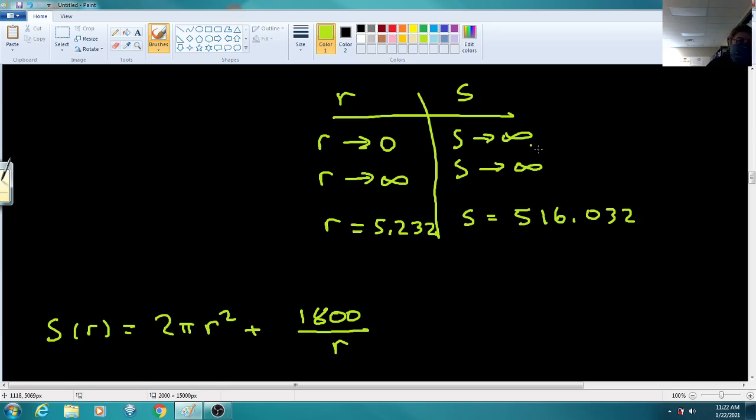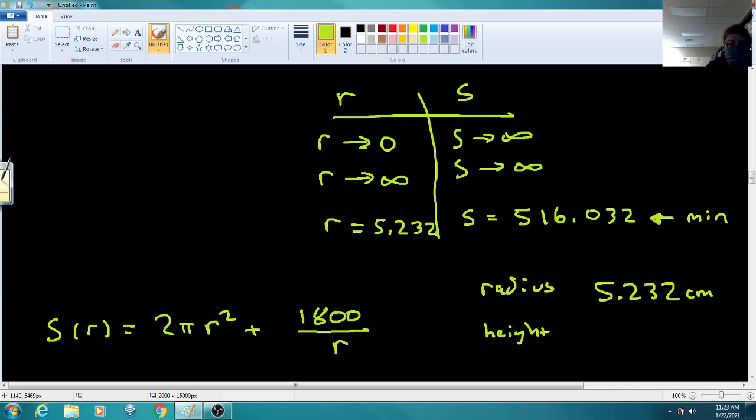Compare that to something running off towards infinite surface area, and this one right here is going to minimize the amount of surface area, which means it would have us use the least amount of metal. It asked what dimensions the can should be to do that. The can should have radius 5.232 centimeters.